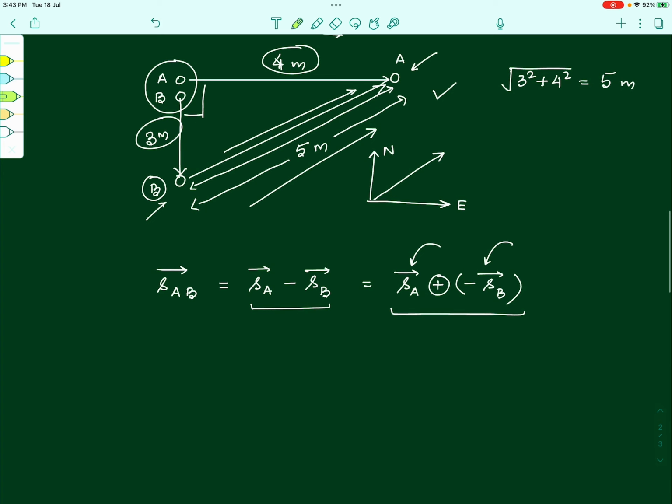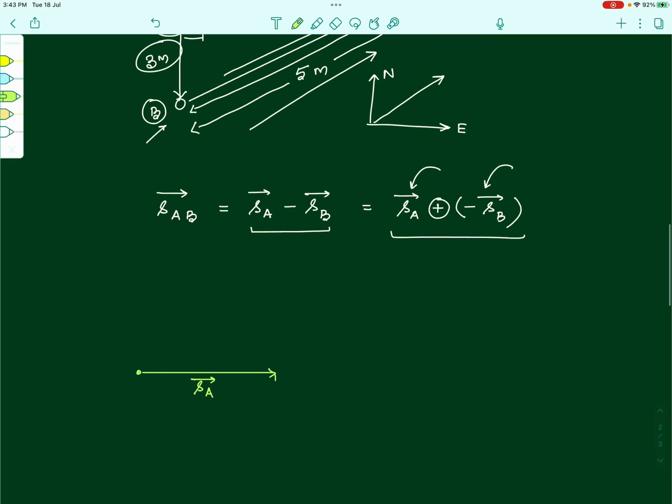Let us draw this figure once again. We are saying that the displacement of A is 4 meters towards the right, like this. Let me draw it a little to the side so that we have space. This is the displacement of the body A, we call it SA. This is towards the right, isn't it?